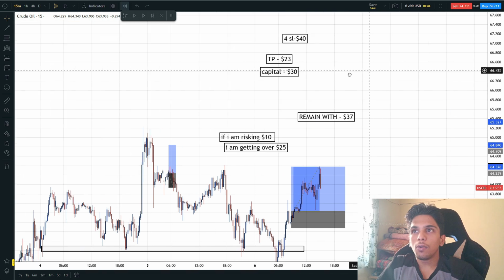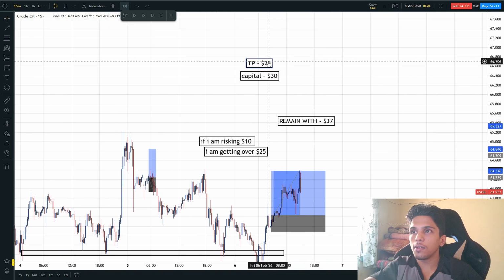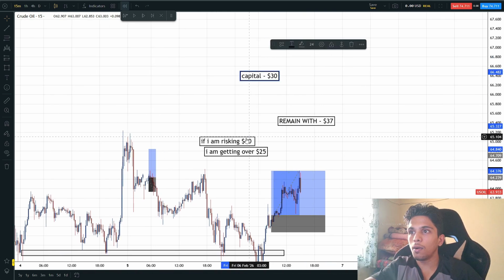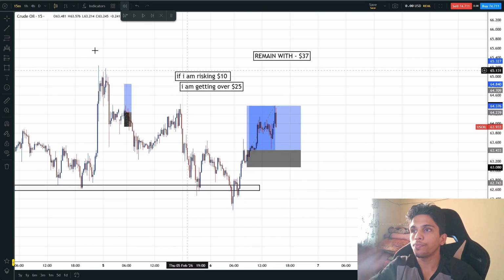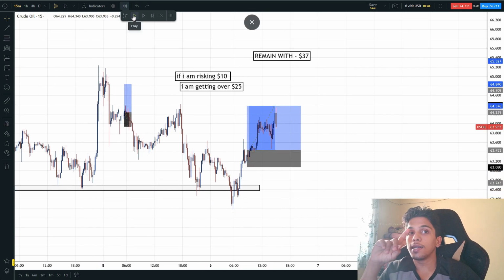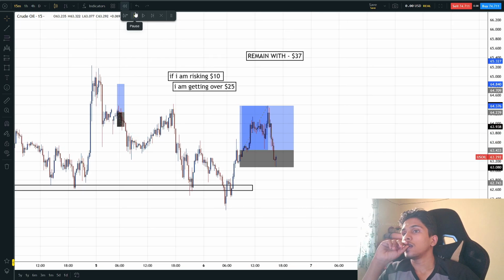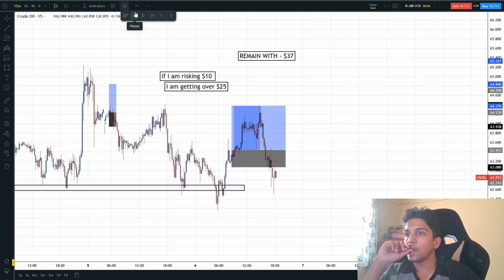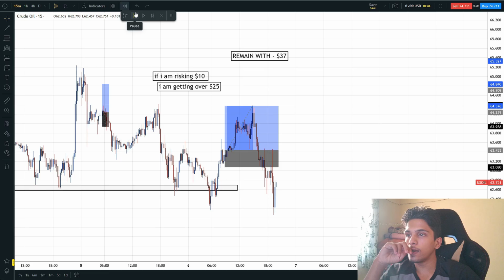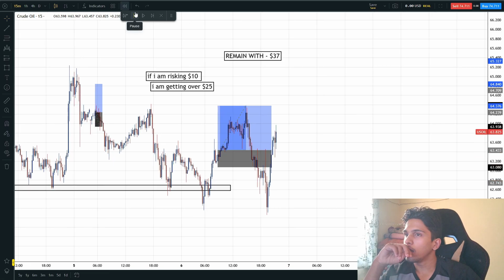Let's see what we will do next. Now we are remaining with the $30. Our target is to always get 2.5 or 3. We are waiting, waiting, not entering any type of trade. Not entering.